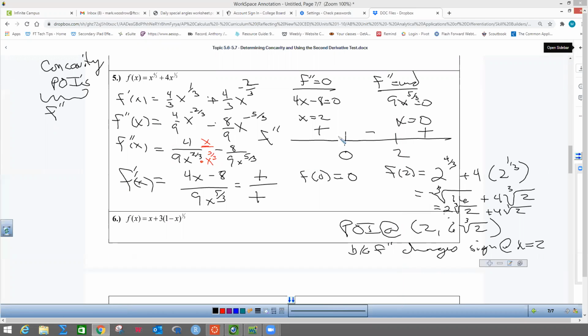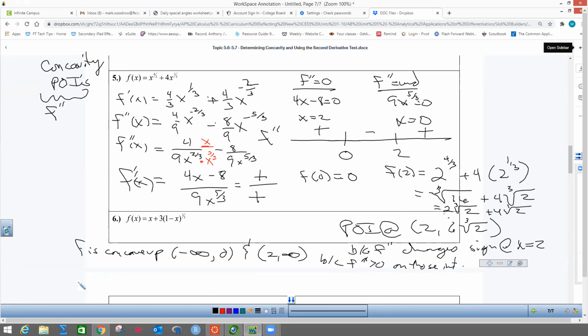So since these are both positive, I should have put that f is concave up from negative infinity to 0 and 2 to infinity because f double prime is greater than 0 on those intervals.